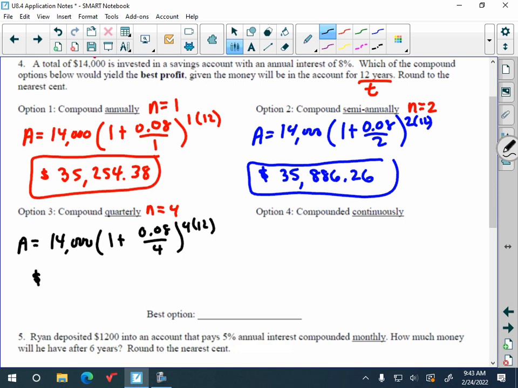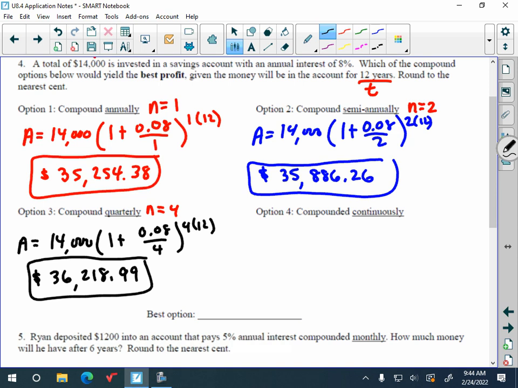All right, so it should be a little bit better. So 36,218.99. All right, so right now option 3 looks like it's the best.